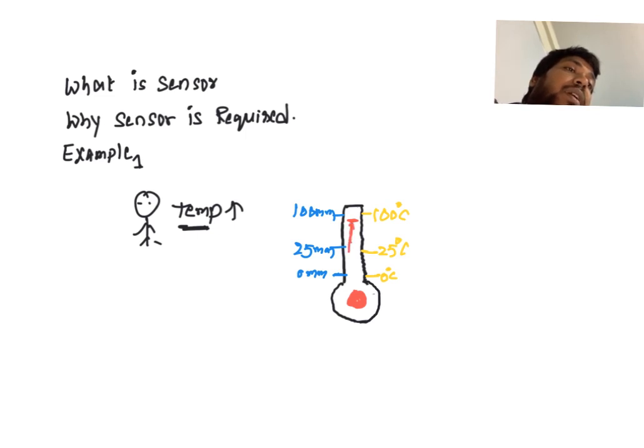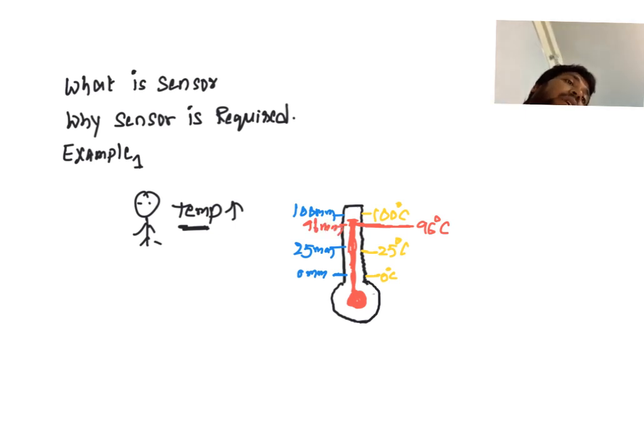Earlier it was here, now slowly the mercury column inside the glass bulb increases its length. Suppose the mercury column stops exactly here; then we take the reading. On this side it will indicate 96 degrees centigrade, and on this side it will be 96 mm.